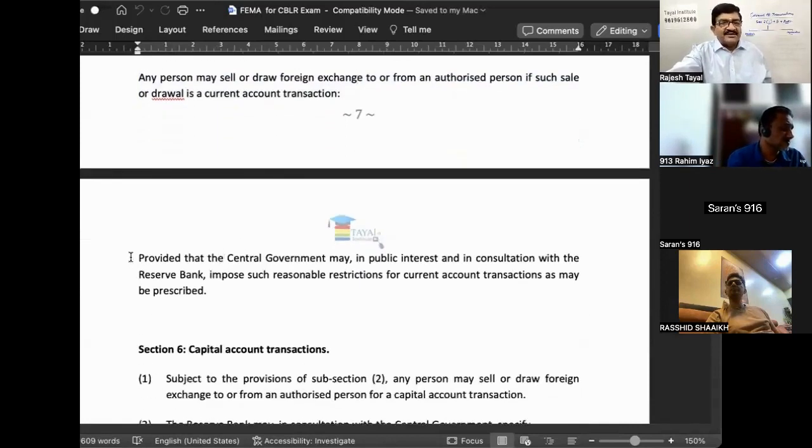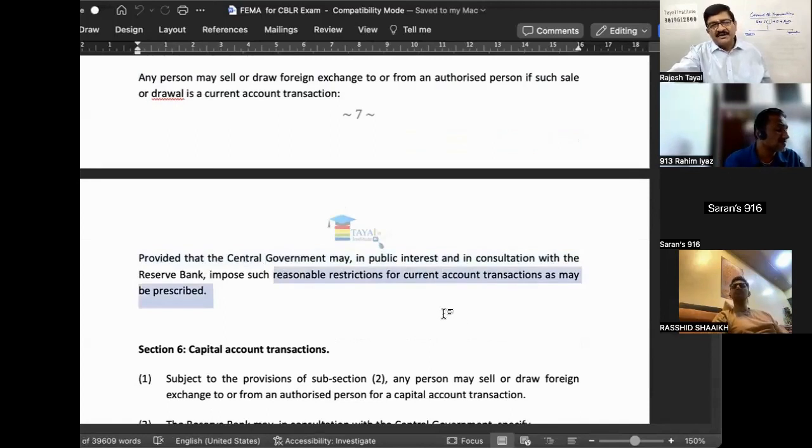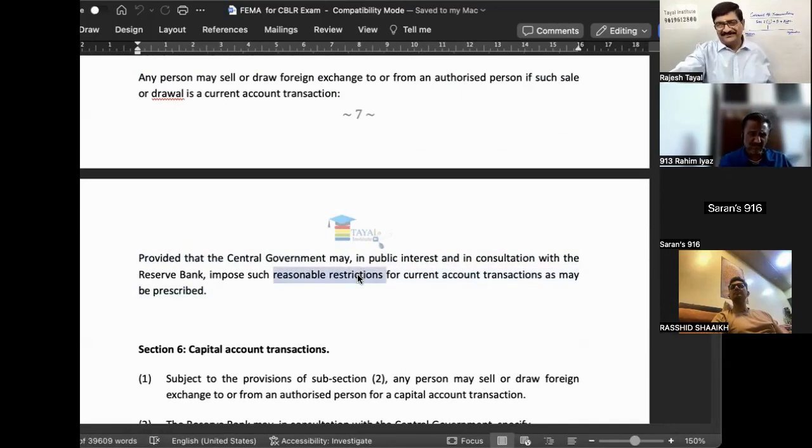It says, provided that the central government may, in public interest and in consultation with RBI, impose reasonable restrictions for the current account transactions. It is saying reasonable restrictions, but actually there are prohibitions also. Right? So here we are talking about the rules framed by central government.